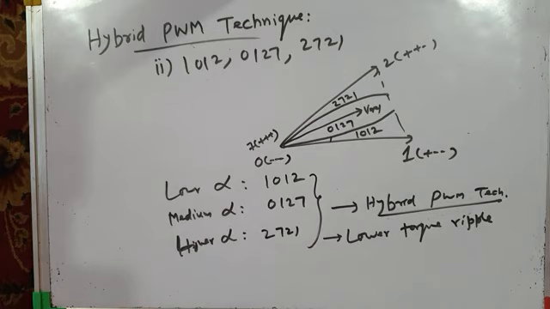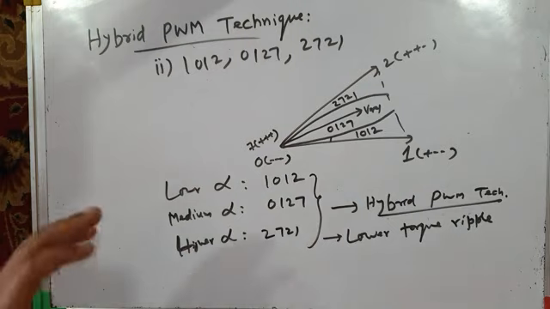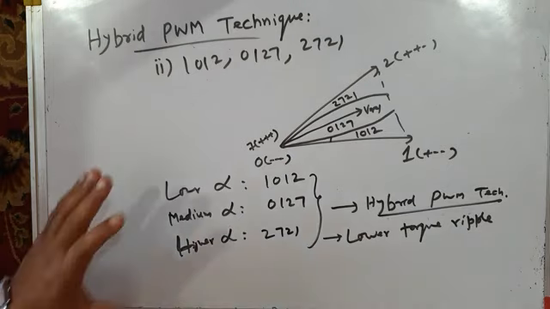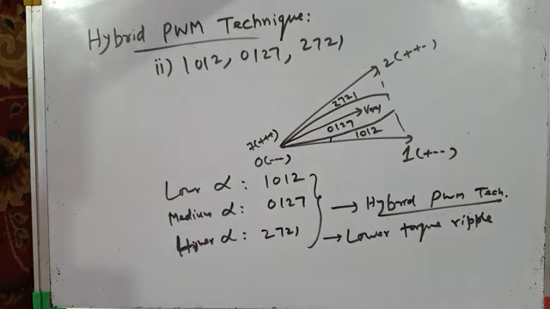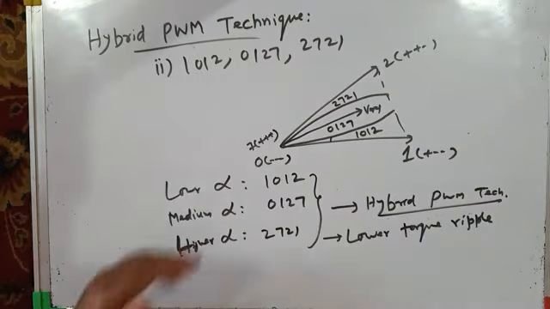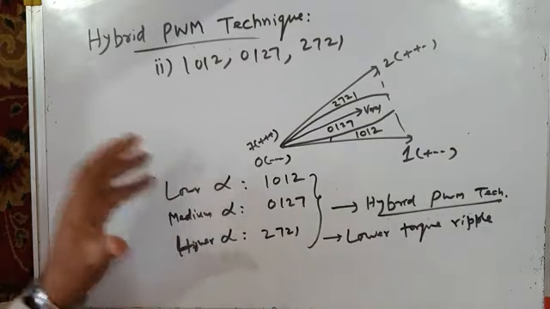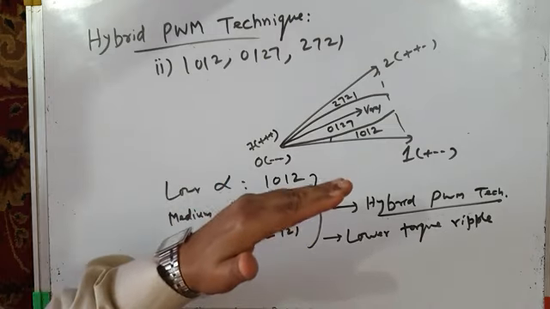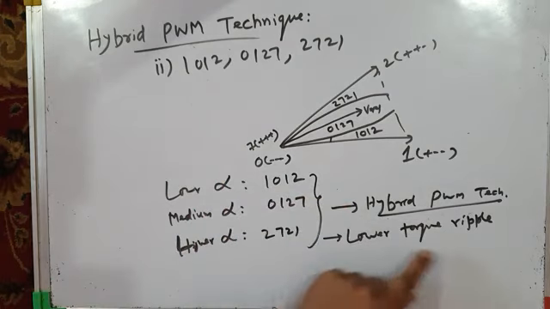So I advise you, my dear students, some of you can take your projects and dissertations and work on this area. This is a fairly new area. Not much work has been reported. And you can have some very good publications if you produce some good results. If you use hybrid PWM technique using advanced bus clamping switching sequences, conventional switching sequences, and so on, and are able to give good results with lower torque ripple, you can have very good publications.